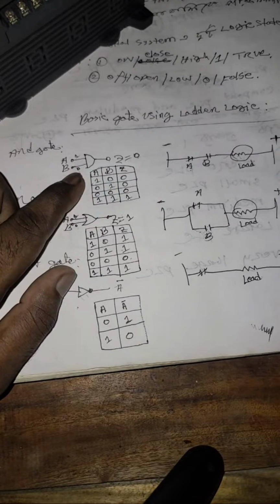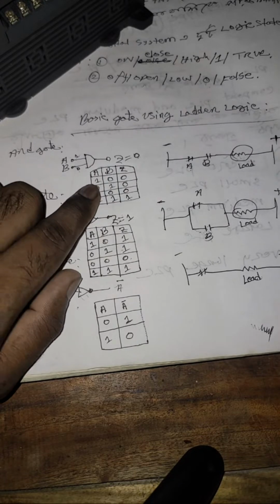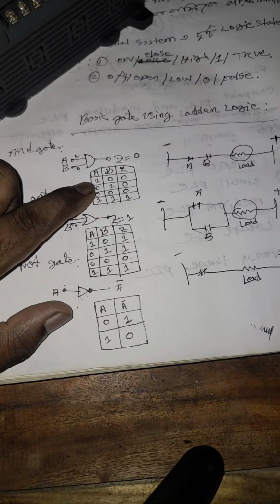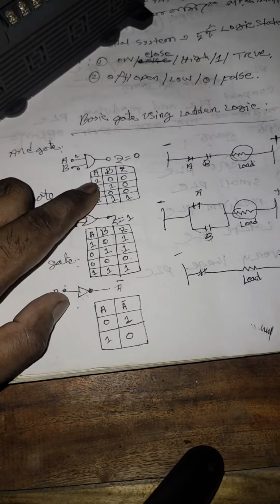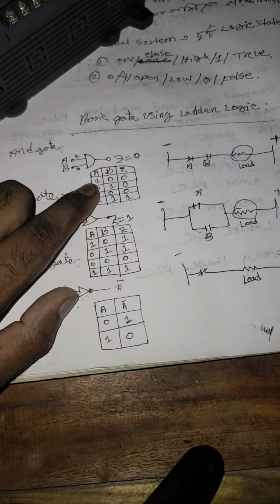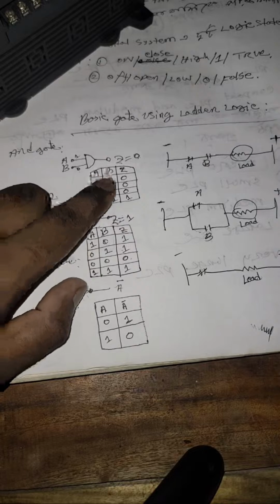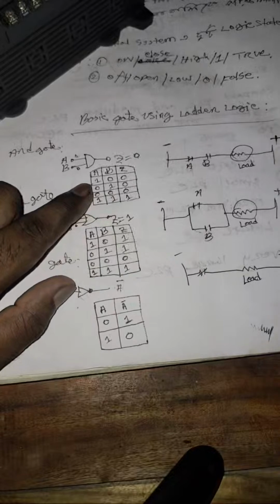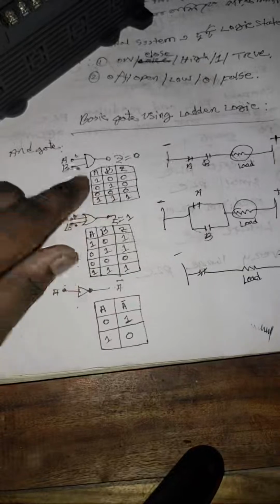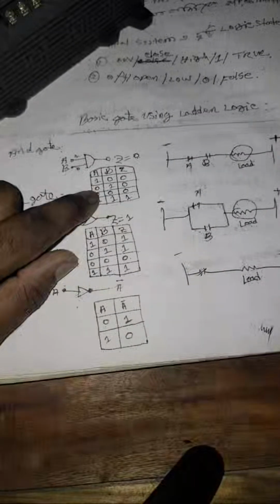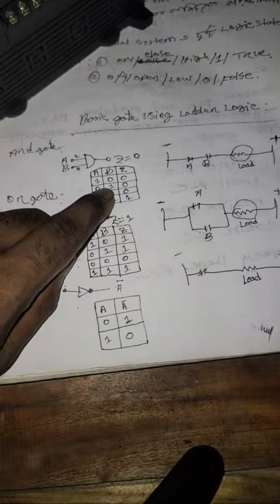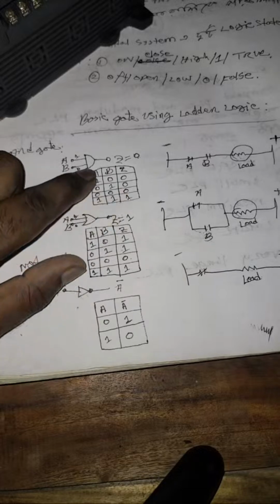So the truth table shows that when A input is 1 and B input is 0, then Z output is 0. Or when A is 0 and B is 1, then the output is 0.